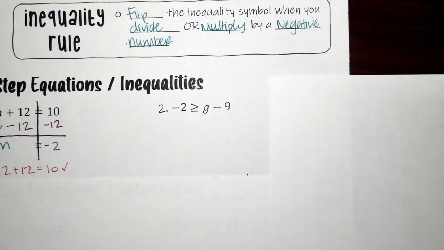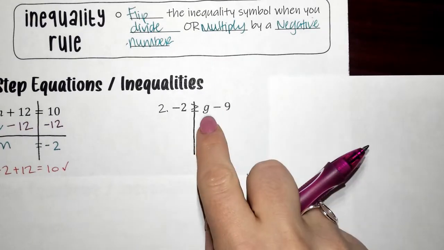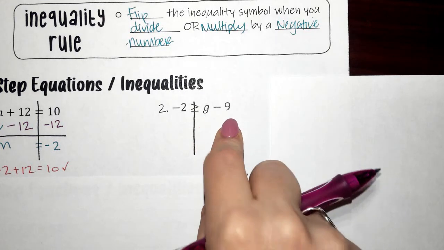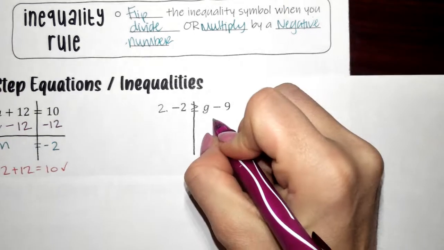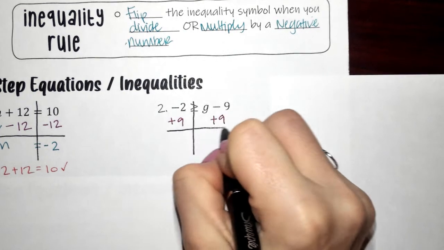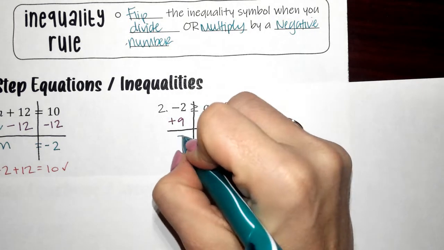We solve our inequalities the same exact way. I'm drawing my wall, and if it's one step, we've got g, and the thing that's added or subtracted to it, we've got a minus 9. So I'm going to add 9 to this side, add 9. And we've got negative 2 plus 9, that's a positive 7.